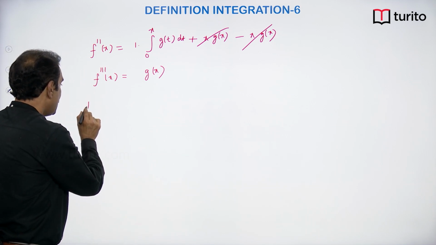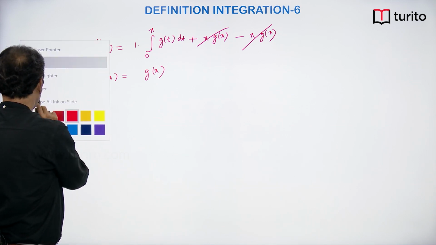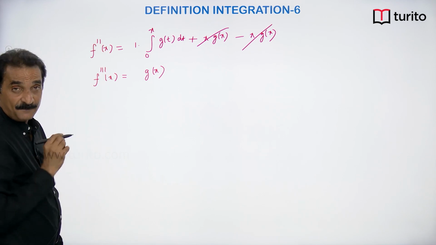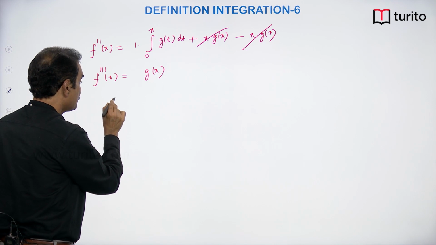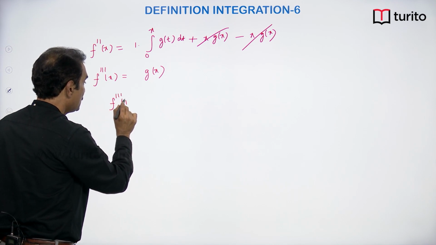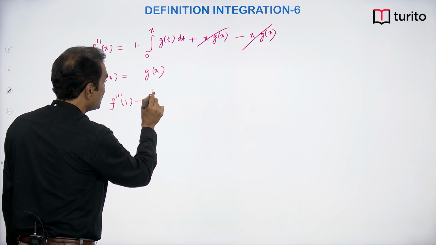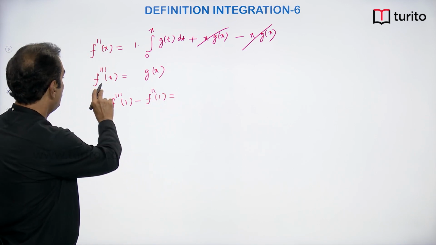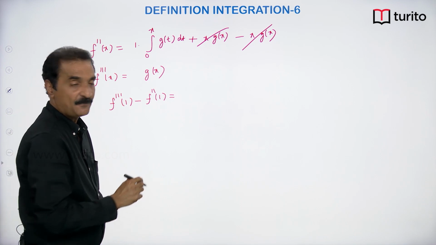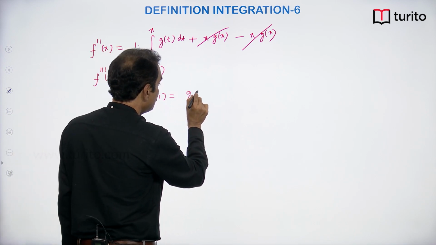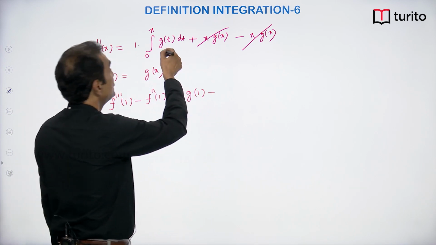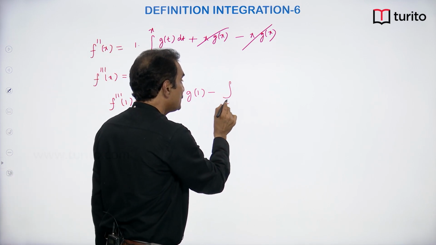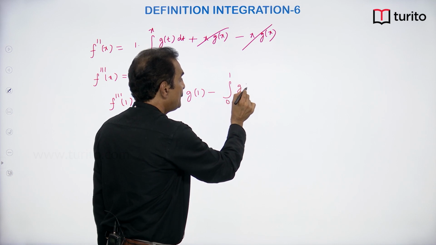Now, f triple dash 1 minus f double dash 1 is equal to, putting x is equal to 1 here, you will get g of 1 minus, substitute x is equal to 1 here, integral 0 to 1 g of t dt.